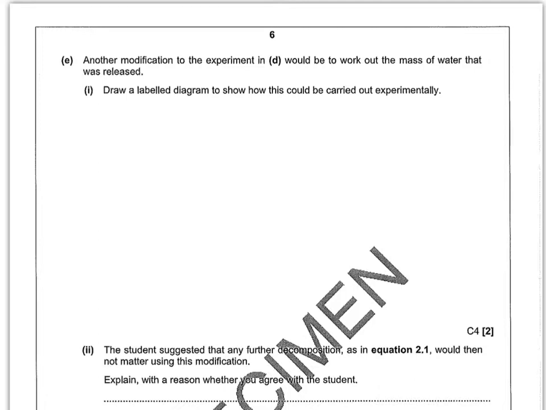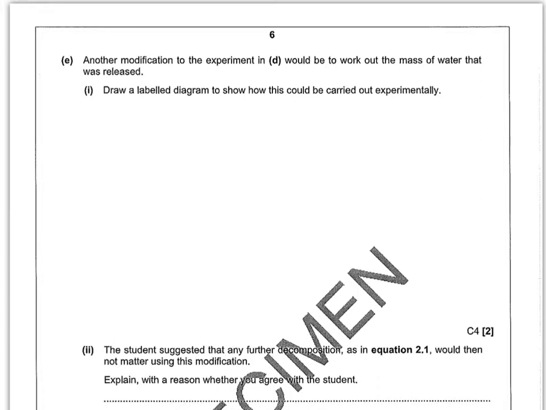Normally this looks like a distillation apparatus, which it is. Now distillation usually takes place to separate liquids. So this time you're trying to get rid of the water as a vapor from the hydrated salt, and then collect it again.